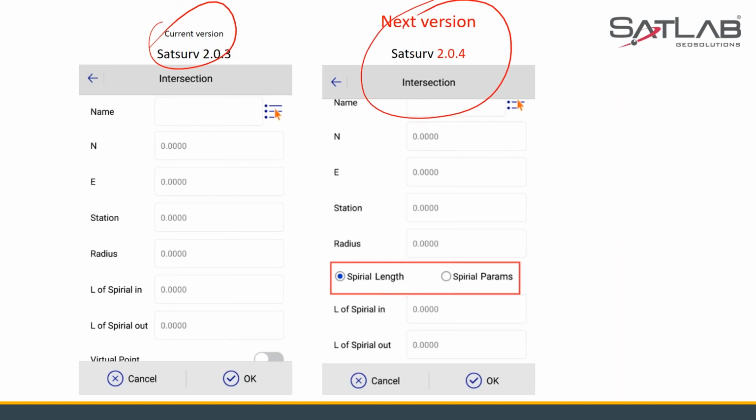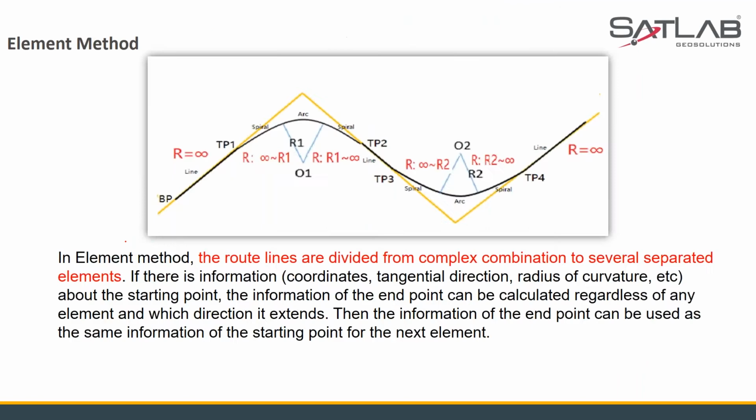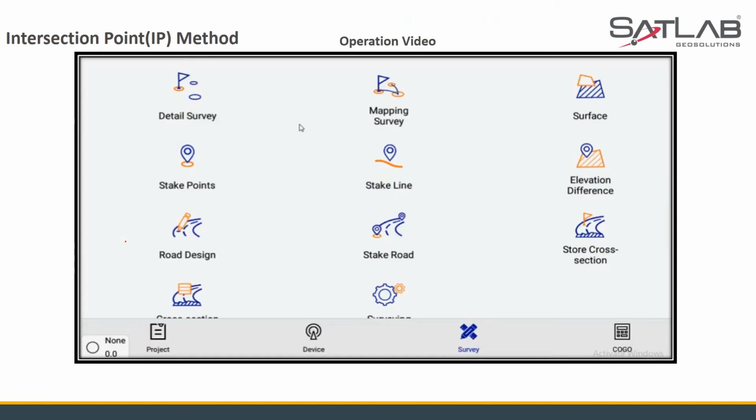Then obviously I have to give the radius of this part, and the spiral in and spiral out. Hope you understand. I have to enter all of these parameters in this particular part.